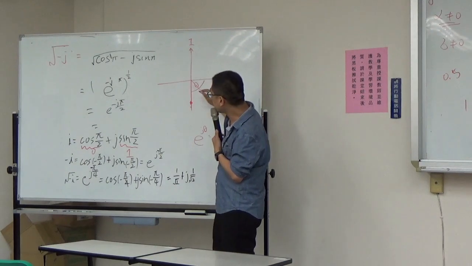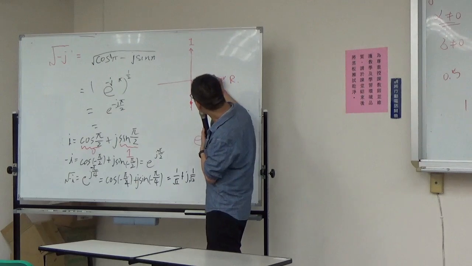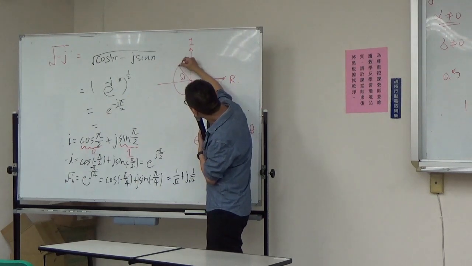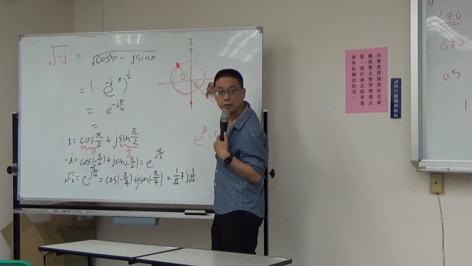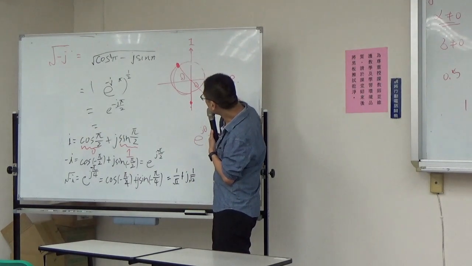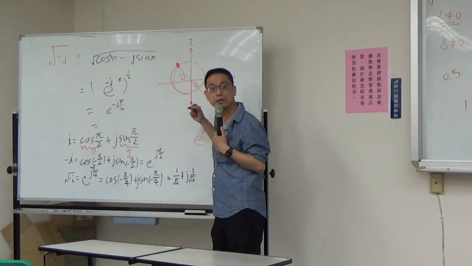You take a half of this theta, okay? But if you take this as a theta, you take this point, you take half of that. So your answer will be different if you do this one or this one. Understand?